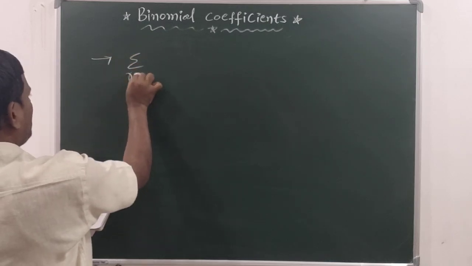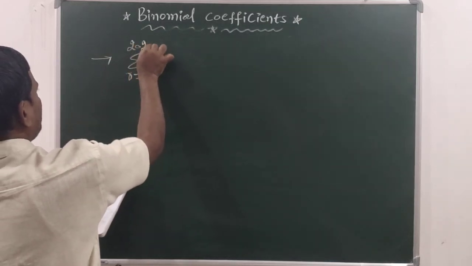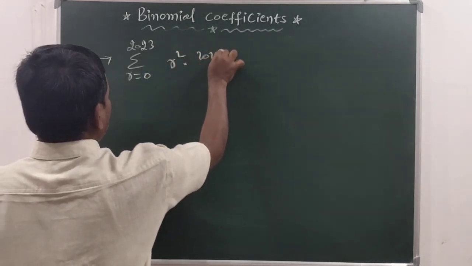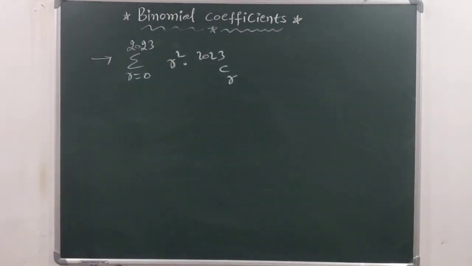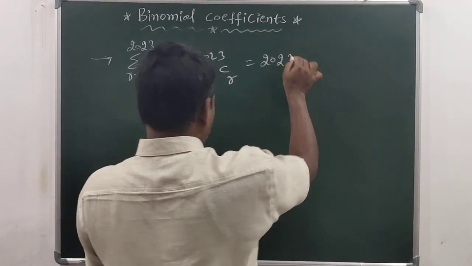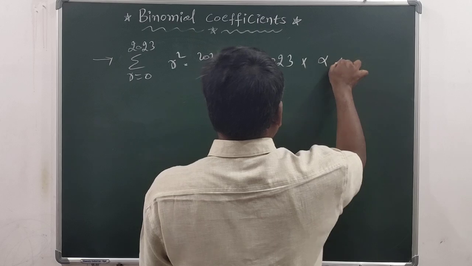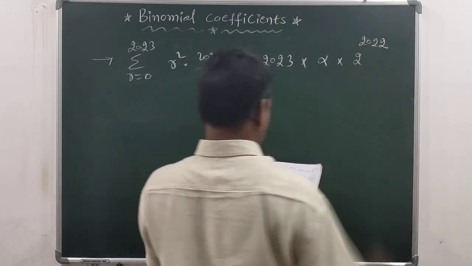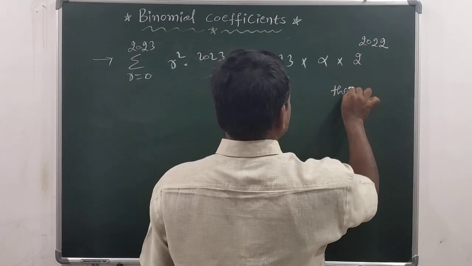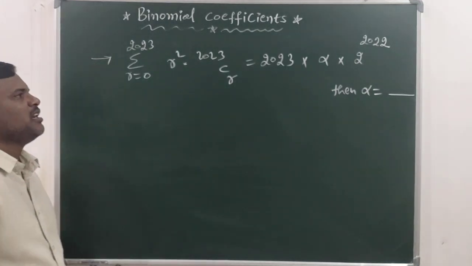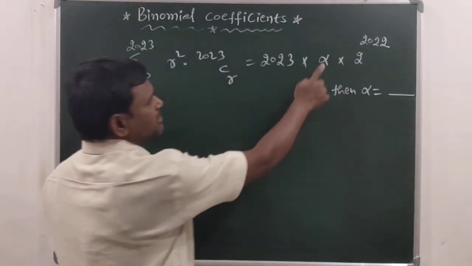Summation r runs from 0 to 2023, r square into 2023CR, which is equal to 2023 into alpha into 2 power 2022. Then alpha equal to how much? Okay, students, this is the given question. Now get this alpha value.